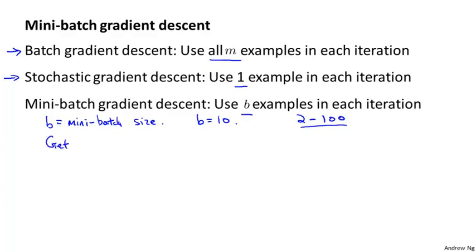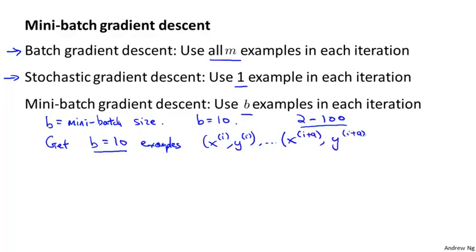So let me just write this out informally. Let's say b equals 10. So we're going to get the next 10 examples from our training set. So that may be some set of examples, xi, yi. If it's 10 examples, then the indexing would be up to xi plus 9, yi plus 9. So that's 10 examples altogether.